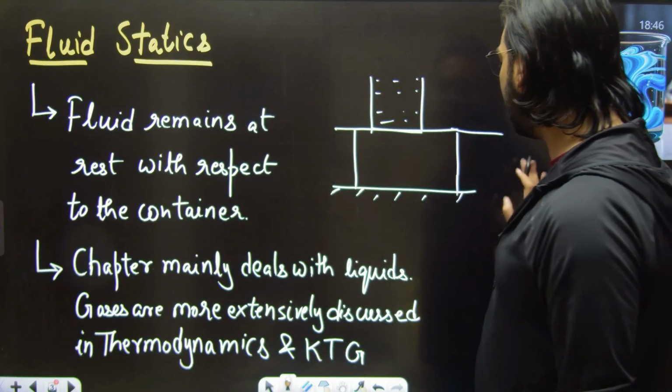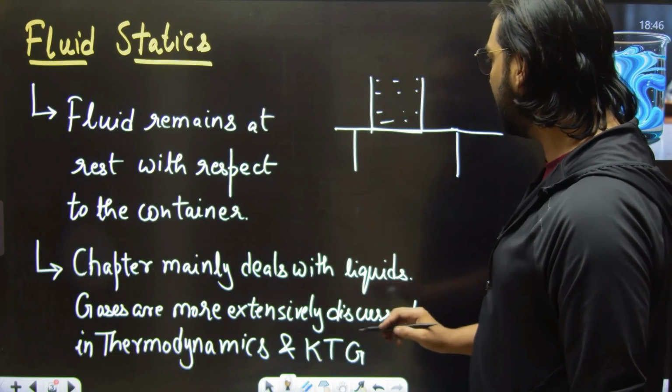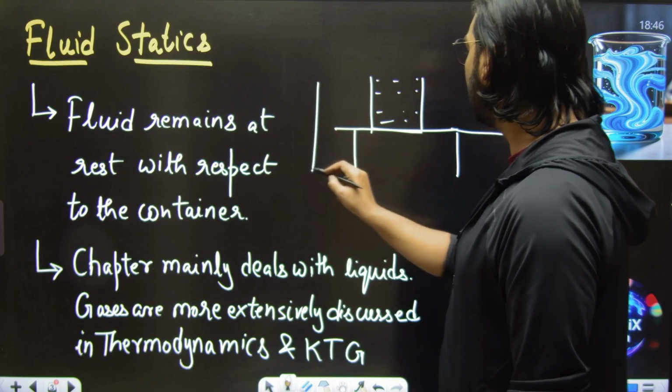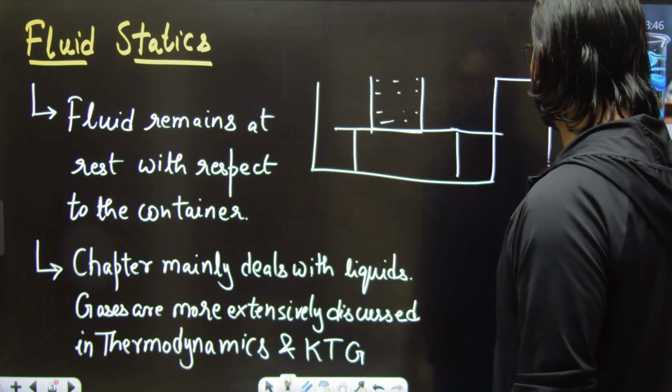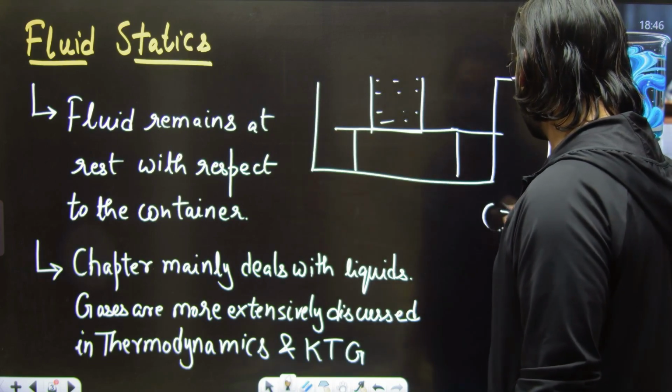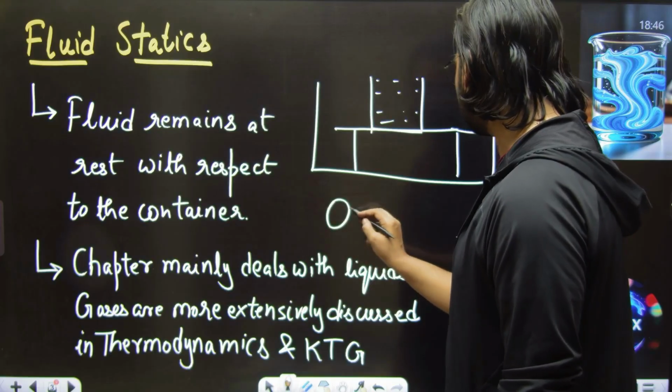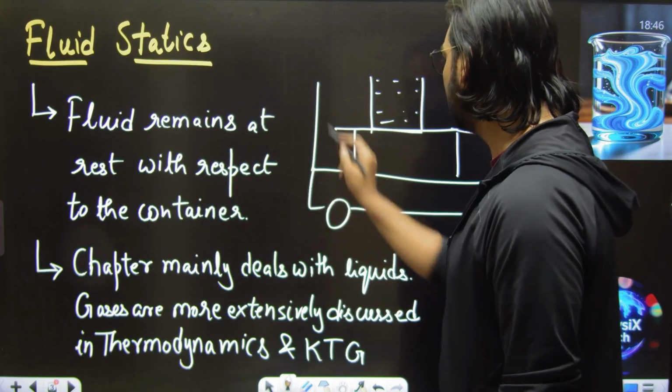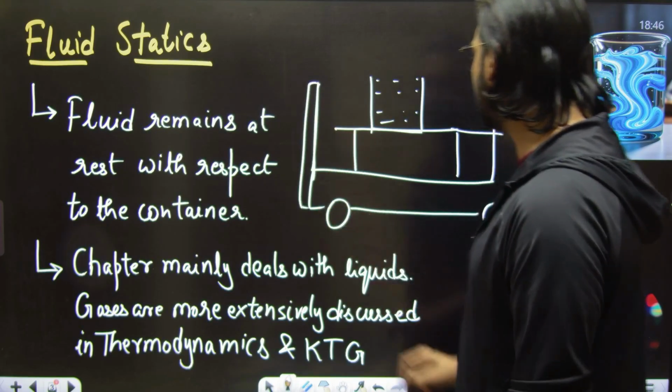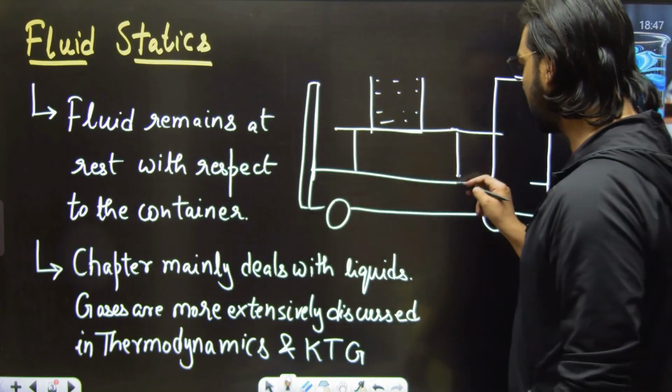Now, if I take this table, okay, if I take this table and I put it behind a truck, okay, this is a truck and this truck is now moving. All right, this truck is now moving, and you see that this fluid is kept inside of a truck.